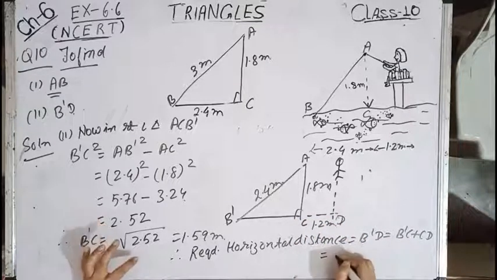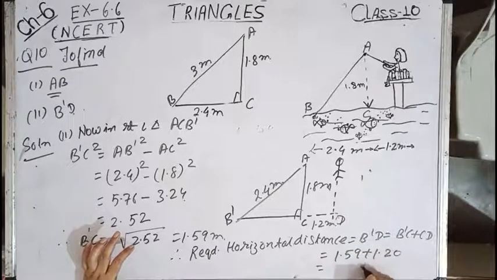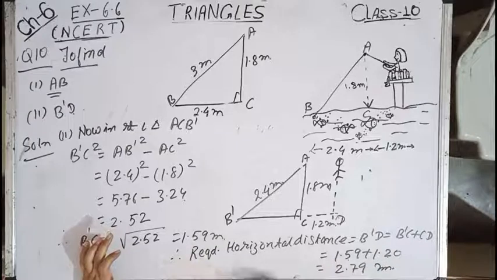So this will be equal to 1.59 plus 1.2, which equals 2.79 meter, and this is the answer.